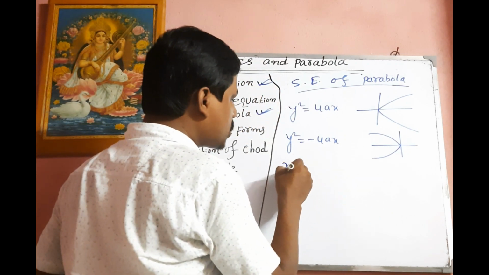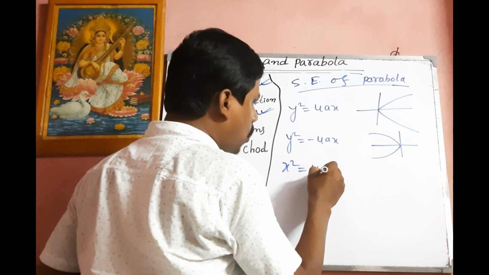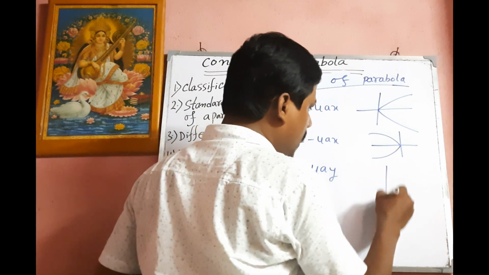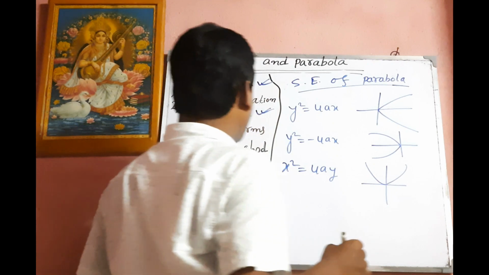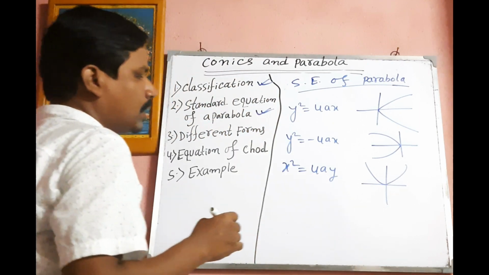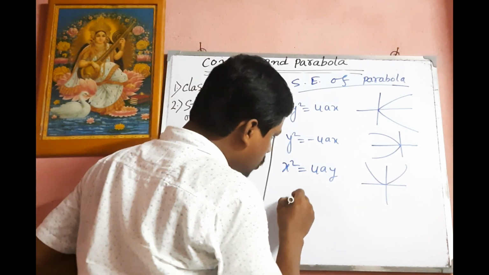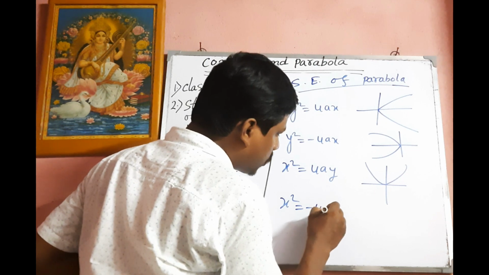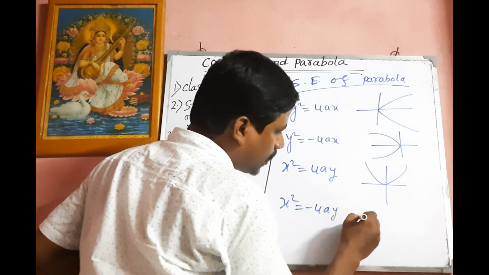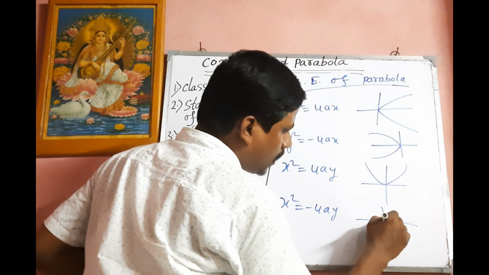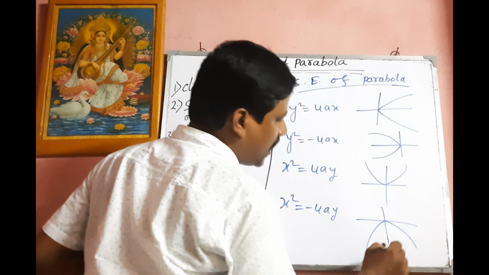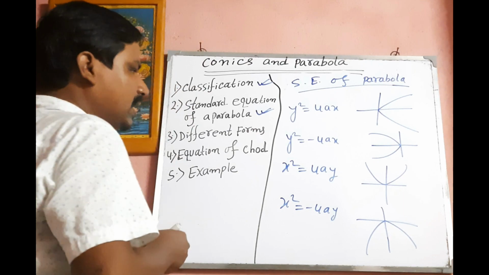And when x square is equal to 4ay, then the parabola is of that type. And when x square is equal to minus 4ay, then the equation is of that type.